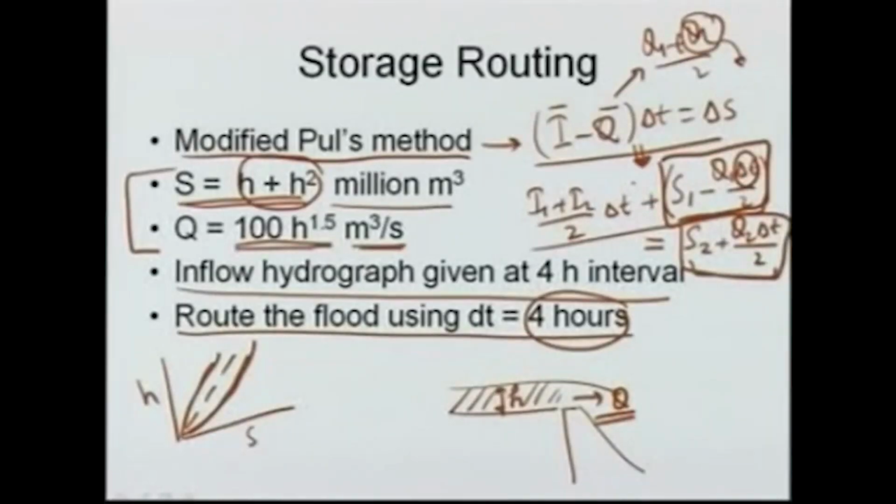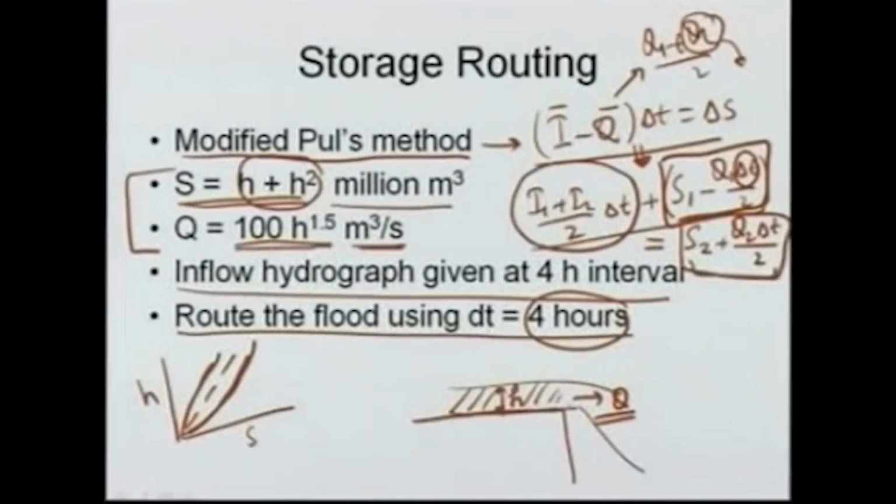So, when we start, with I1 plus I2 by 2 delta t, we can compute s minus q delta t by 2, which we can obtain from the graph for the given h. In this case, we will assume that when the flood starts, the inflow hydrograph starts at t equal to 0, and at that time the water level in the reservoir is at the top of the spillway.